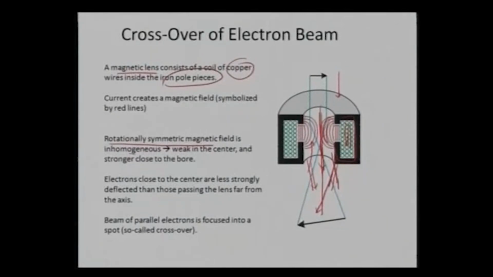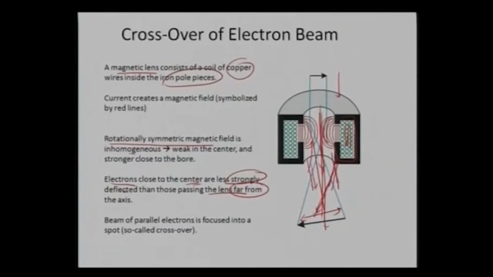So I can see that they will undergo a kind of crossover, so they may not get focused at the same point. That actually results in the electrons close to the center being less strongly deflected than those passing the lens far from the axis. Far from the axis they get deflected very quickly, whereas in the center they keep going to a much farther extent and get deflected to a very small extent.